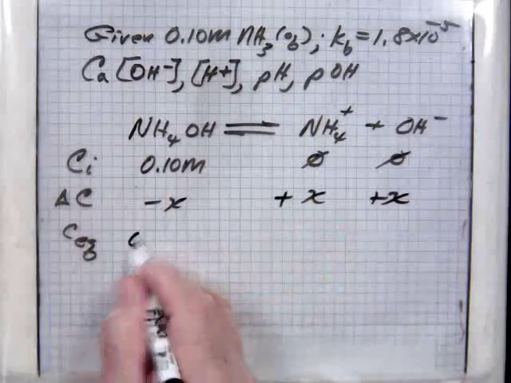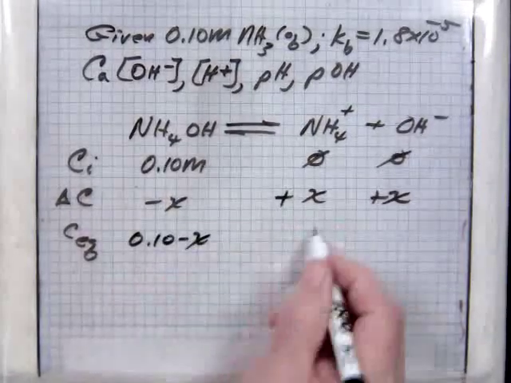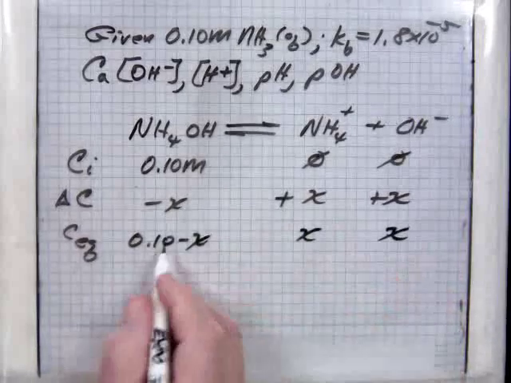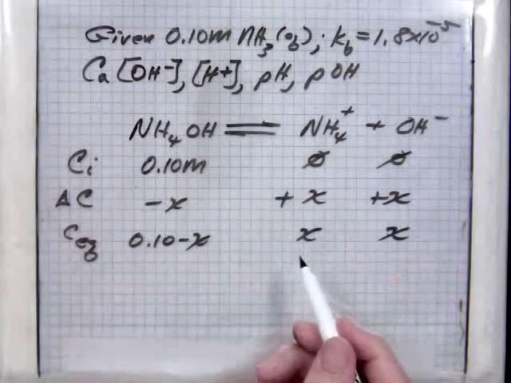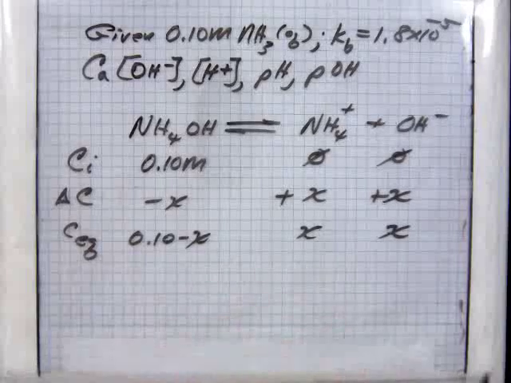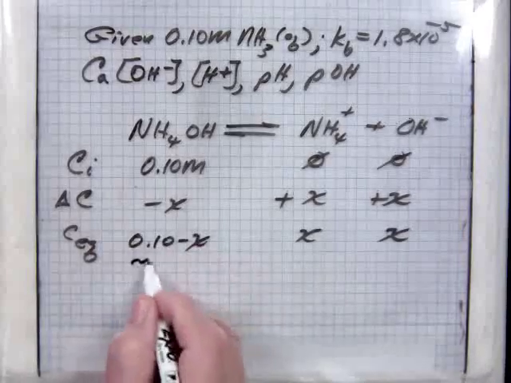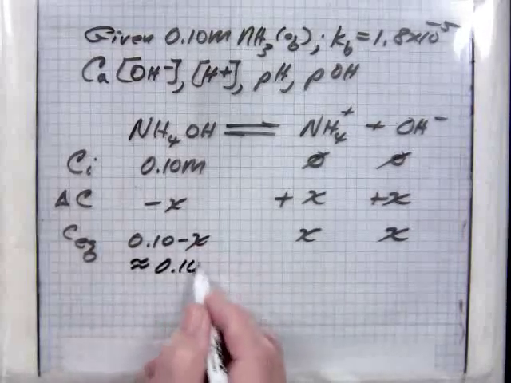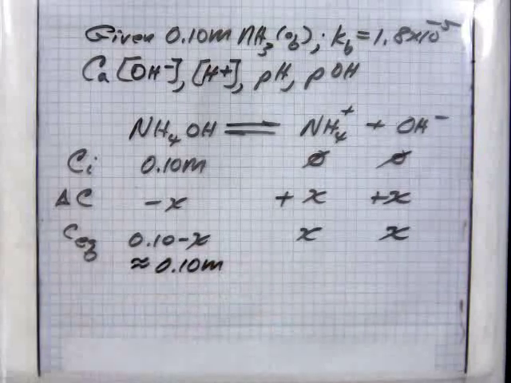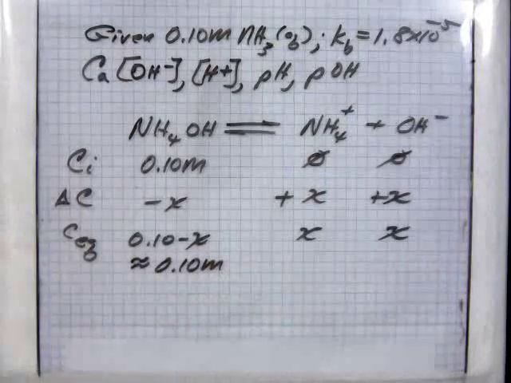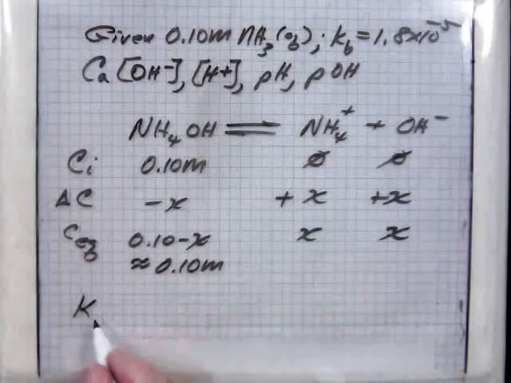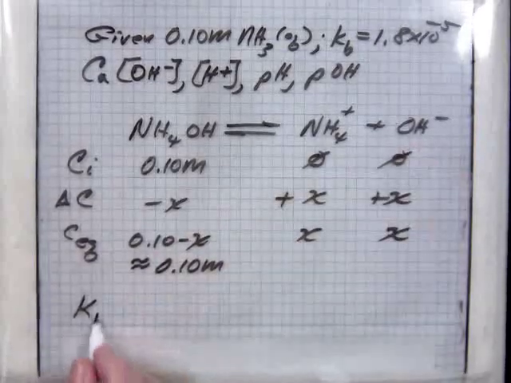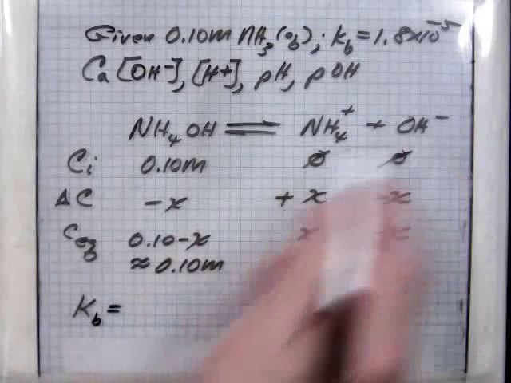We have 0.10 minus x. And the same principle applies: if you take concentration divided by the Kb value, if it's greater than 100, you can drop the x. So yes, we can drop the x in this problem. Then apply to determine what x's are, the ammonium and hydroxide. You use the Kb expression, which is products over reactants.